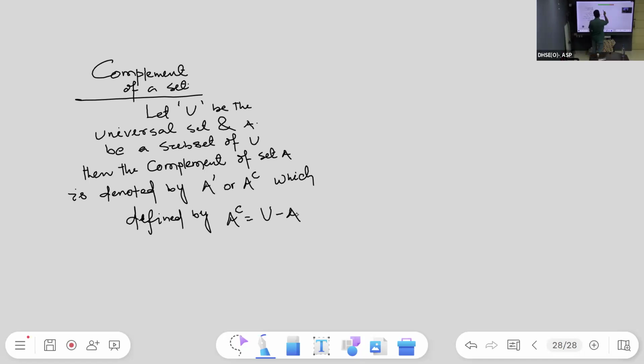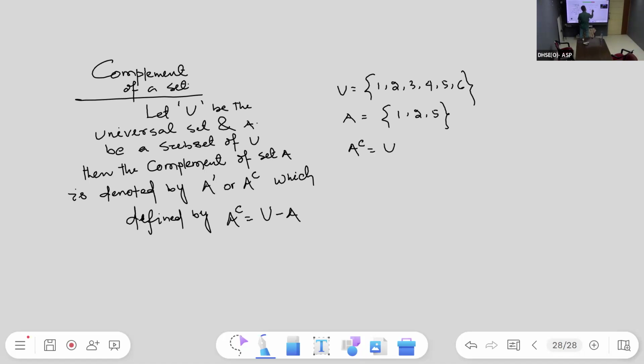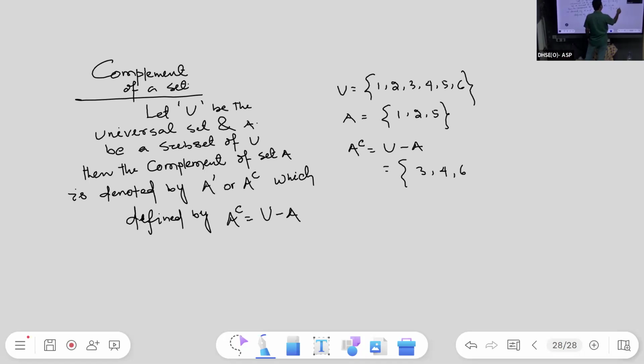For example, let universal set be 1, 2, 3, 4, 5, 6. A be the set 1, 2, 5. Then what will be A complement? A complement is U difference A, that is 3, 4, and 6. Okay.